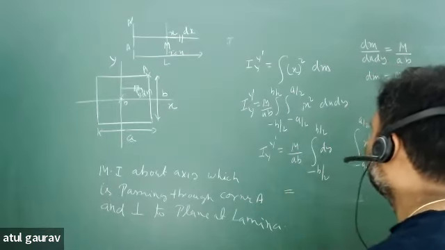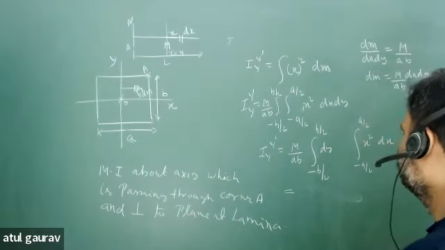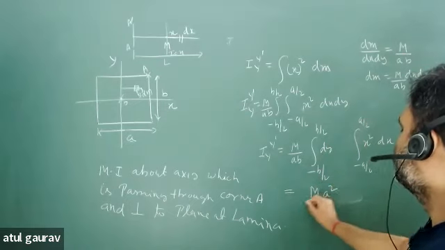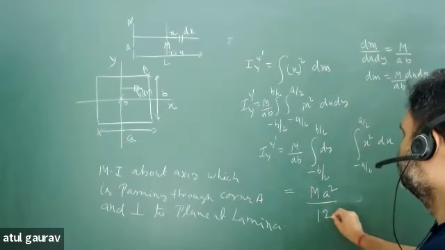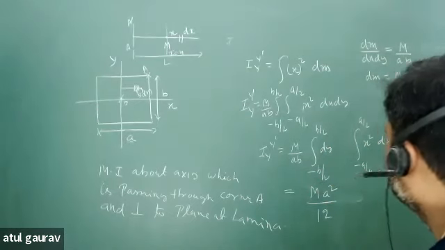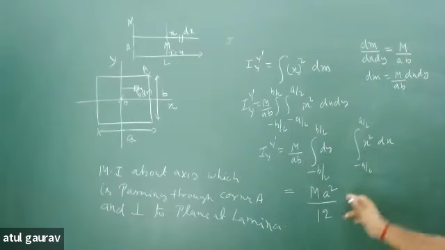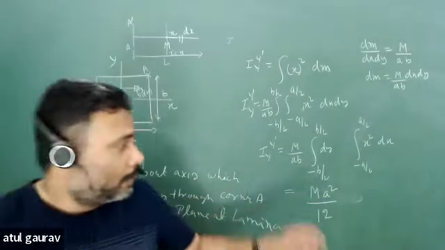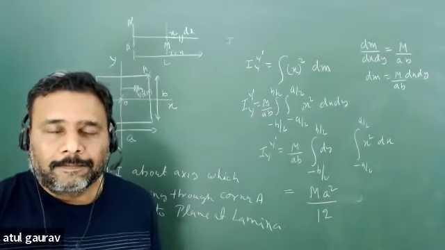And now, surprisingly, what will you get? What are you getting? m a square by 12, isn't it? Look, the b will cancel with b, and you will get m a square by 12, which is exactly the same value you found for the rod when it was passing through the center of mass. Yes.